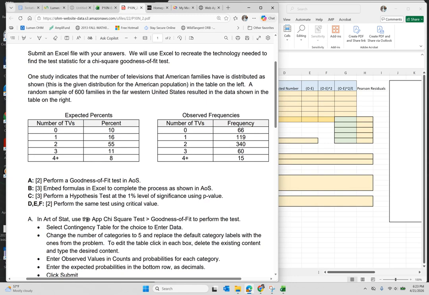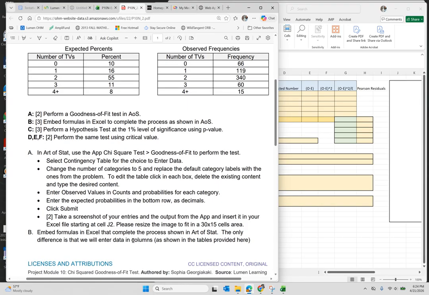We want to embed formulas in Excel to complete the process as shown in Art of Stat. We want to perform a hypothesis test at the 1% significance level using the p-value, and then we want to perform the same test using a critical value. So in Art of Stat, we want to use the app chi-square test, goodness of fit test.